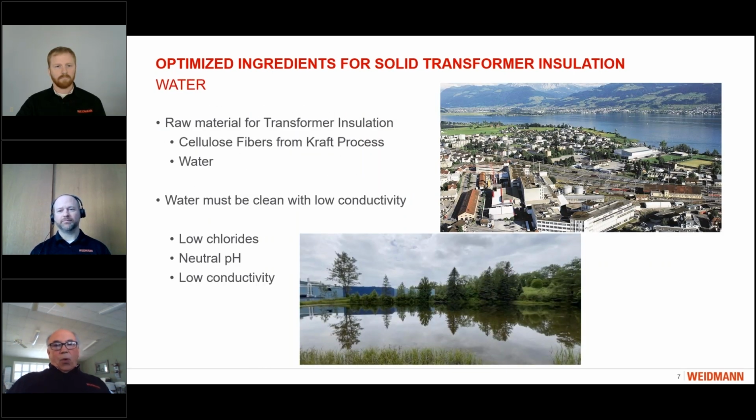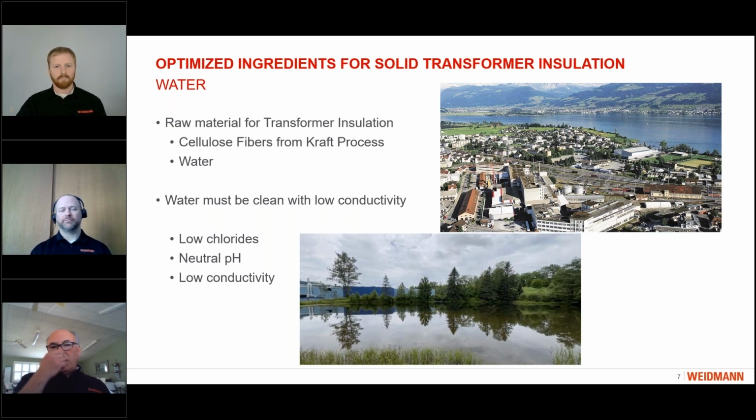The second point, the second raw material, so we talked about cellulose fibers from the Kraft process, and the only other ingredient is water. So in order to make a good dielectric material, we need to have water with low conductivity, low chlorides, neutral pH. So if you have an electrical grade board or paper plant, then it should be sourced near a good water supply.